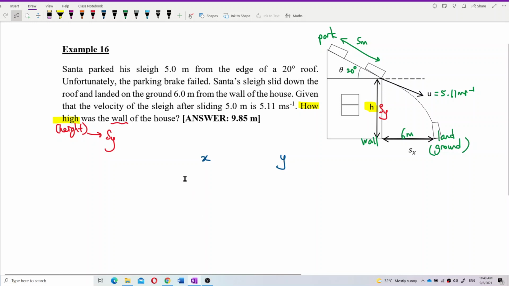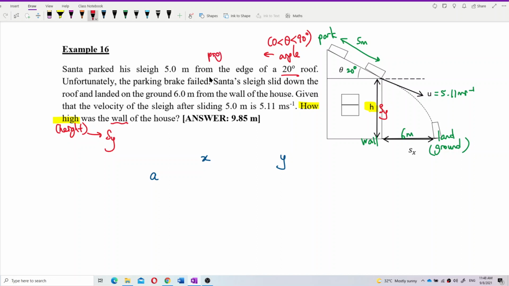First of all, you will write acceleration first, because this is the first thing we know about projectile motion. This one has an angle, isn't it? This one has an angle of 20 degrees. Having an angle between 0 and 90 degrees means this is a projectile motion.